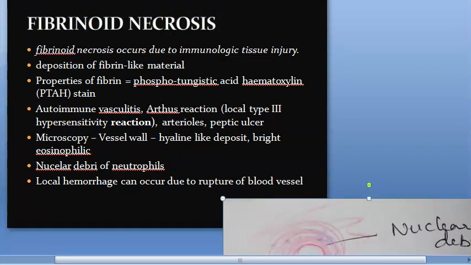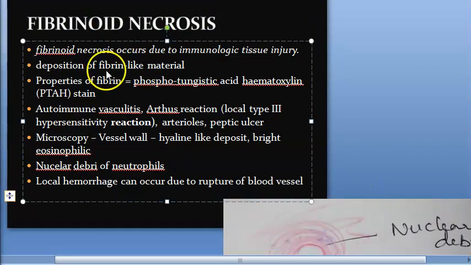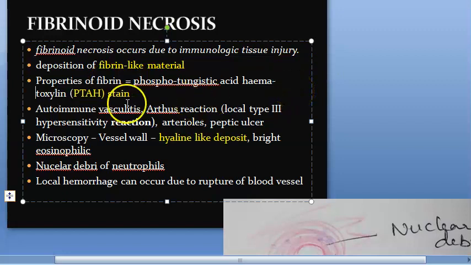So we are done with fibrinoid necrosis. Let's look at the important words here. Fibrin-like material, everything is like only. Hyaline-like deposit. It will take up the PTAH stain because it is fibrin, that is phosphotungstic acid hematoxylin stain. Remember the word autoimmune vasculitis.